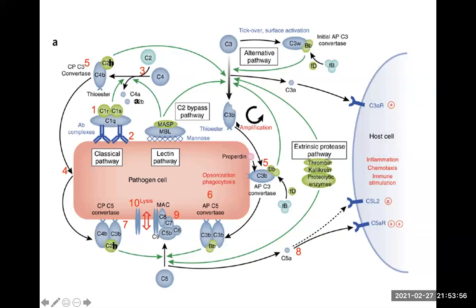So the alternative pathway you can find up here, it's literally an alternate means of creating the C3 convertase. So in this particular pathway, what you have is it occurs on the surface of the pathogen without the presence of specific antibodies.